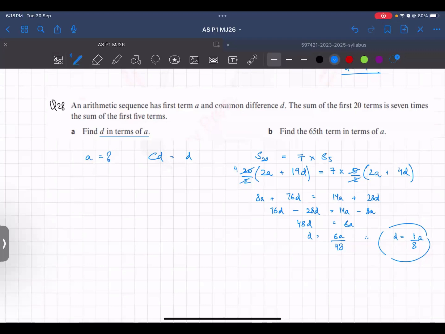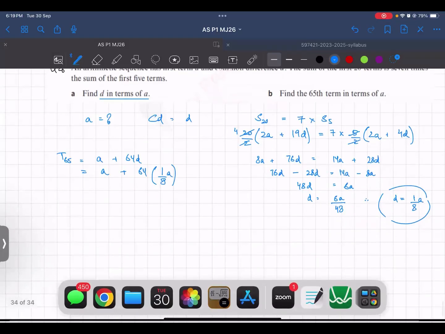Then they're asking you to find the 65th term in terms of a. So T65, I told you, using the generalization concept, would be a plus 64d. The coefficient of d is 1 less than the term position, 64d. And so your a will be a, and 64, and instead of d, you will write 1 upon 8 a.